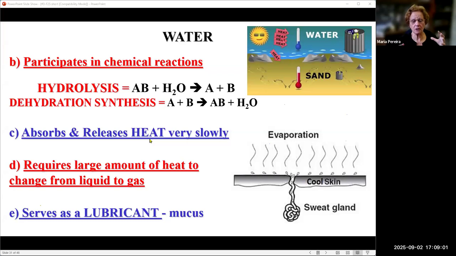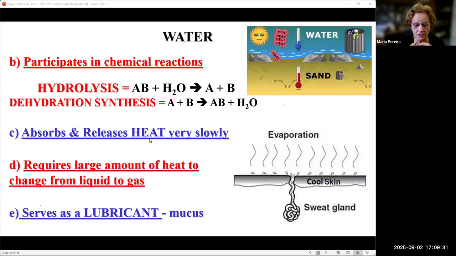The motor of the car, when it's running, releases a lot of heat. That's why you have water in the motor, because the water absorbs the heat that is generated by the working of the motor. If you run out of water, then the car will heat up and will stop working. So the water there absorbs the heat.